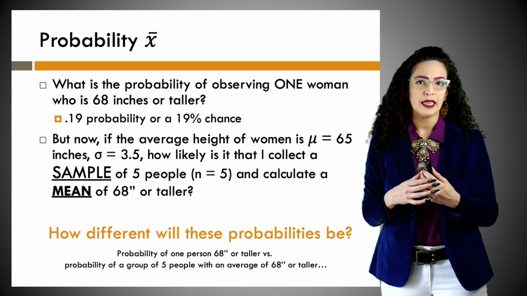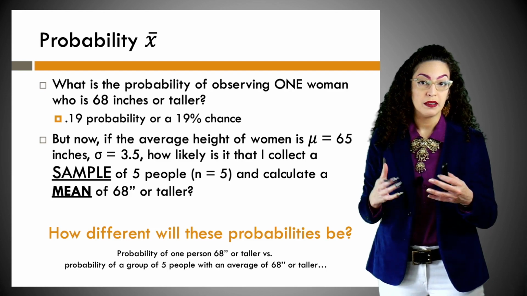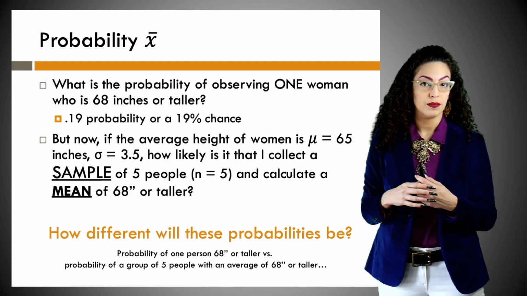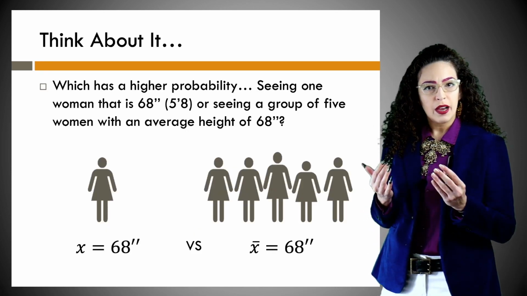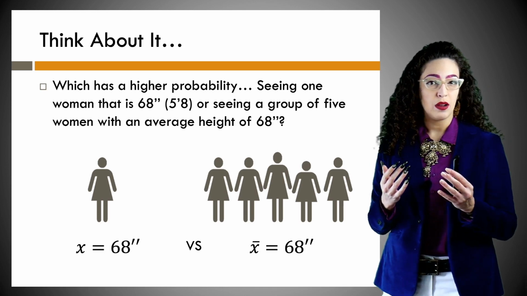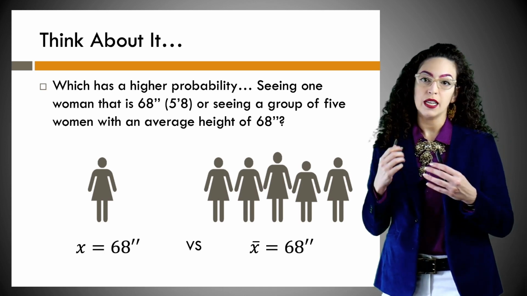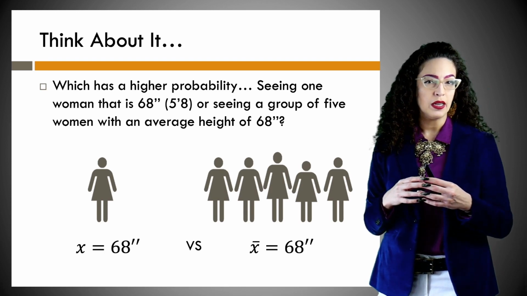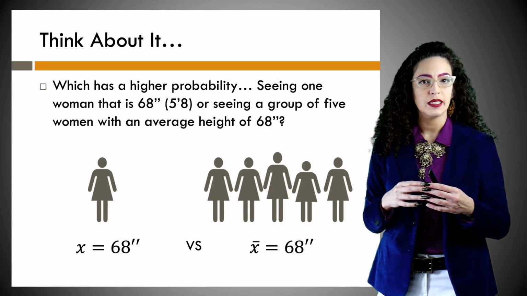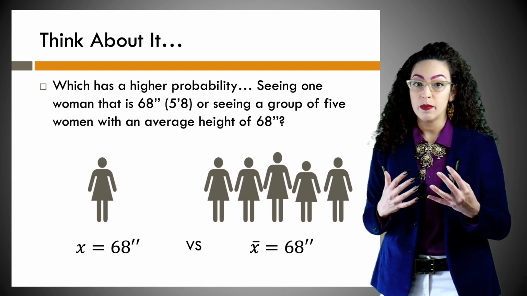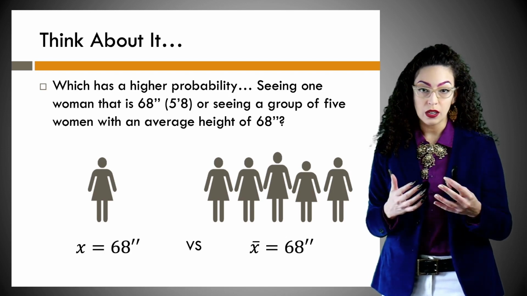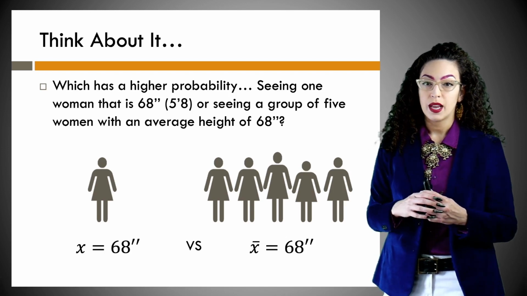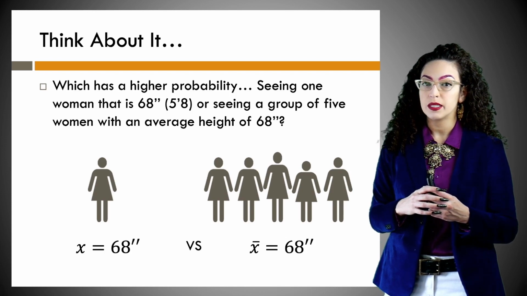How likely is it that you see a whole group of women that's 5'8" or taller? Now, 5'8" is kind of tall for a woman, but as we saw, it's not crazy rare to see one woman that tall. But how unlikely or likely do you think it is to see a group of 5 women who are 5'8" or taller on average? How different, again, do you think these probabilities will be?